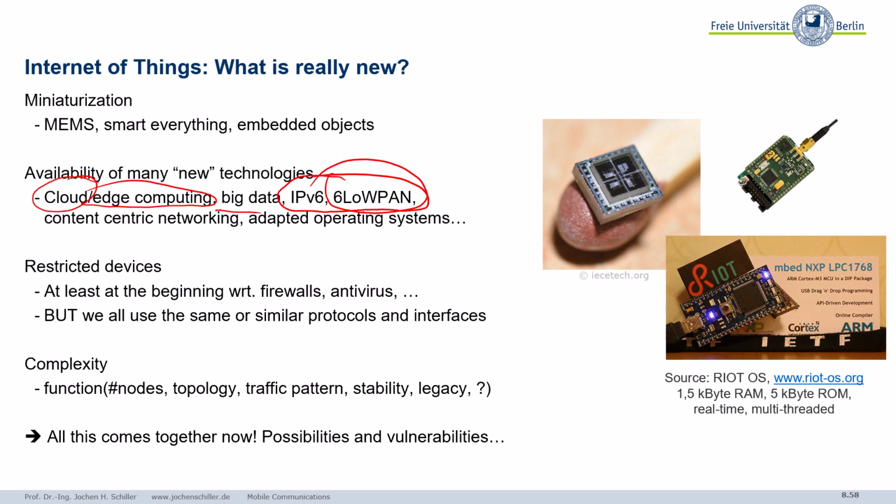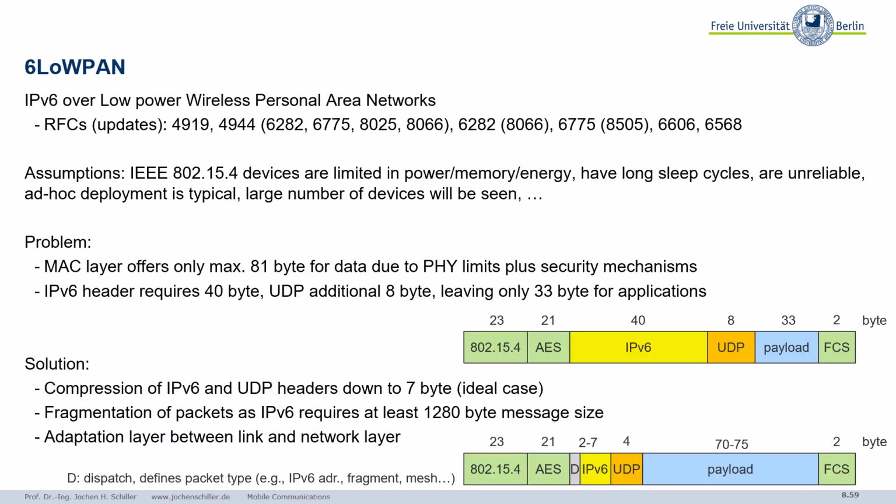So 6LoWPAN. This is another protocol used in this scenario of the Internet of Things or wireless sensor networks, etc. 6LoWPAN, that means IPv6 over low power wireless area networks or wireless personal area networks. Many RFCs. What is the idea?